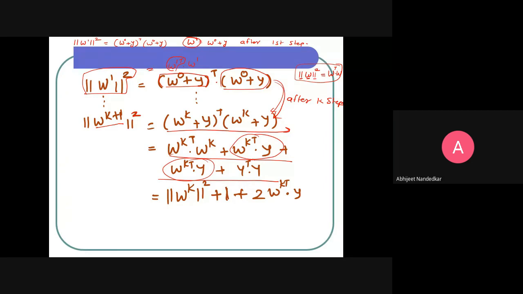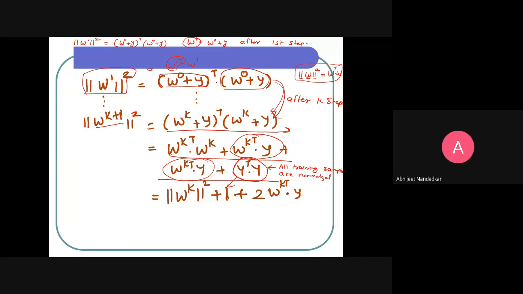Now here, be cautious. I am replacing this Y transpose Y by 1. What it means is that all training samples are normalized.